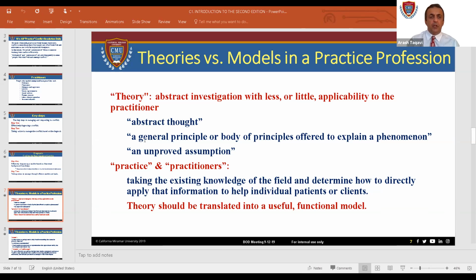We have two parts. One, theories. Two, models. What is a theory? A theory is abstract investigation with little applicability to practitioners. For example, in conflict management, it is the abstract part, the basic part.